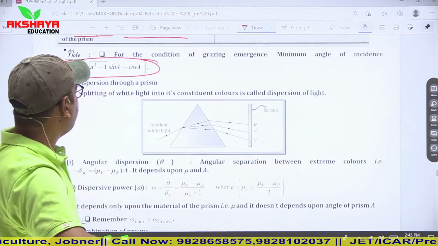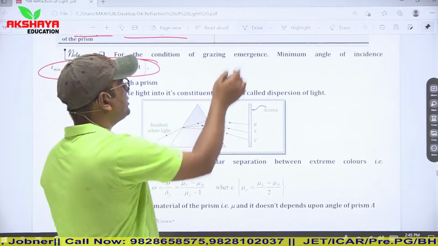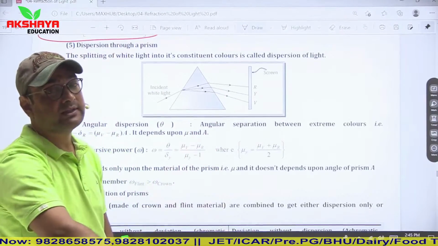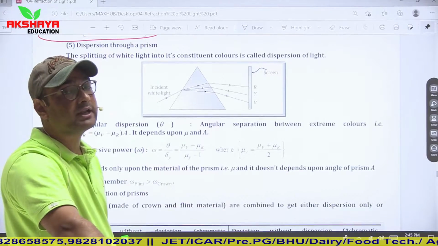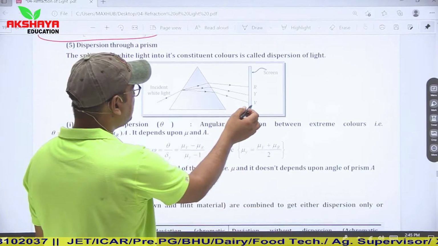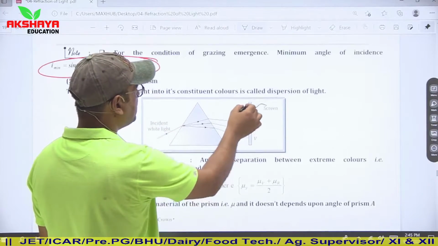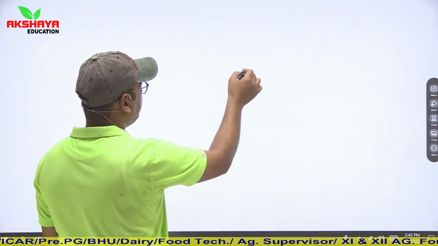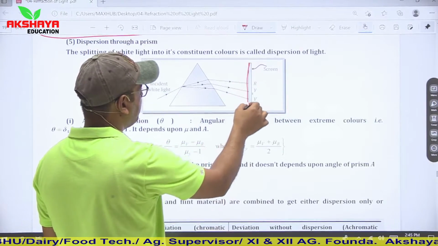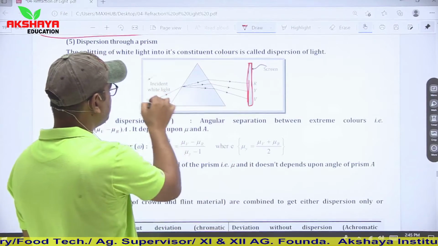Now see dispersion of light through a prism. Dispersion means whenever white light is incident on a prism, it divides into its color components, which are VIBGYOR. We can clearly see that a spectrum of light is observed when white light passes through a prism.